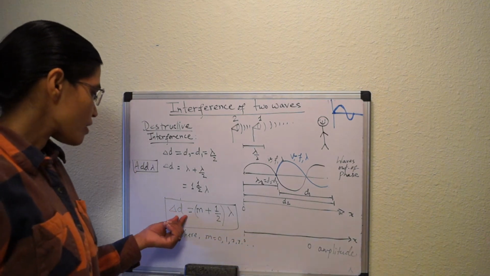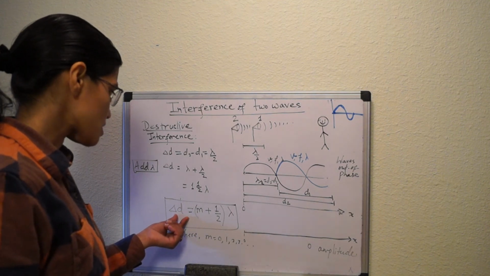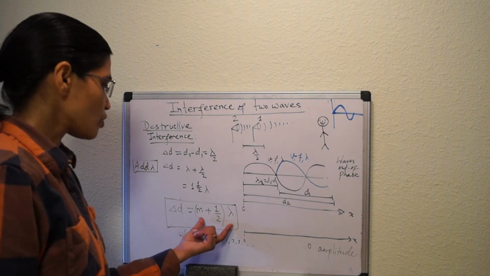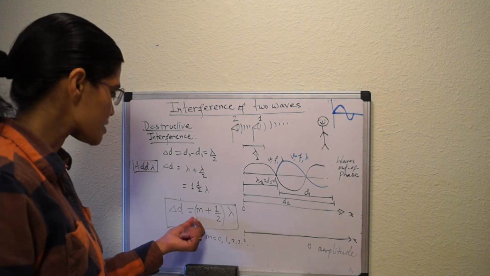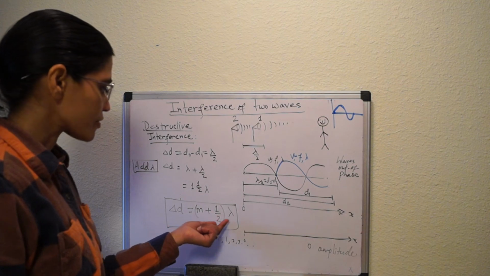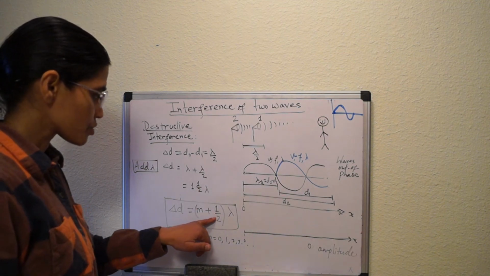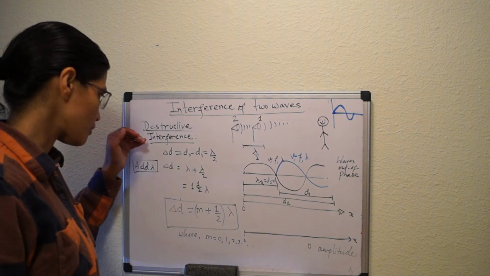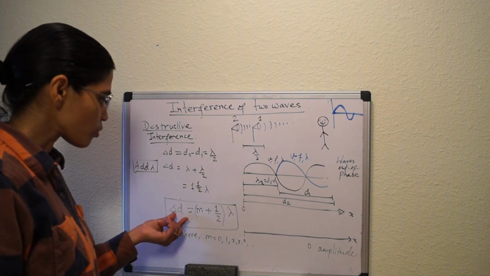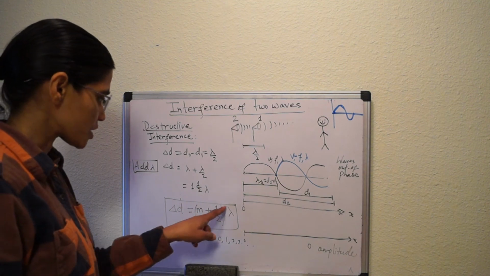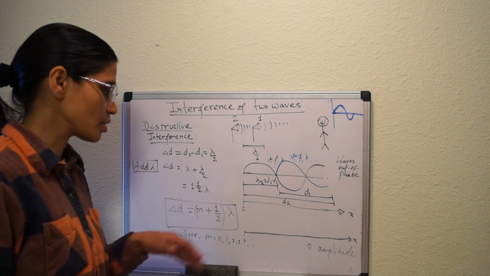So you see here, this is the path difference. Path length difference is not just an integer multiple of wavelength. Now it's m plus half times lambda. This is the important thing. So for destructive interference to occur, the path length difference must be a multiple of m plus half lambda, not just simply the wavelength.